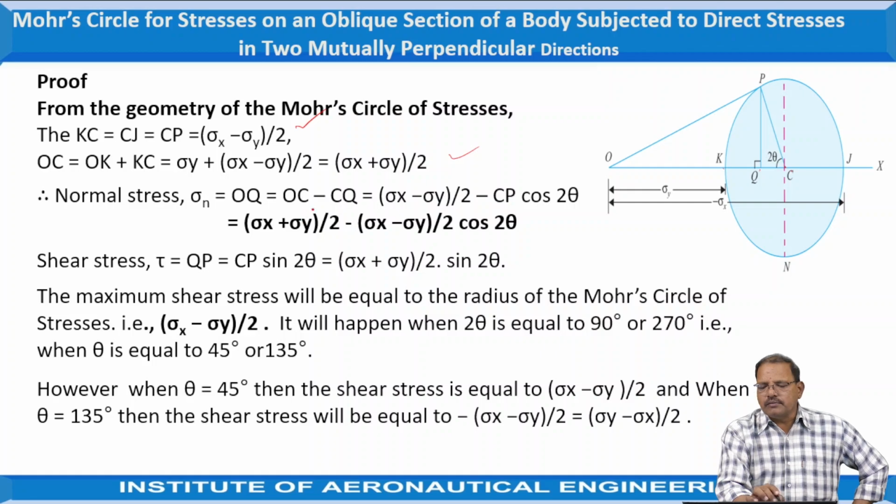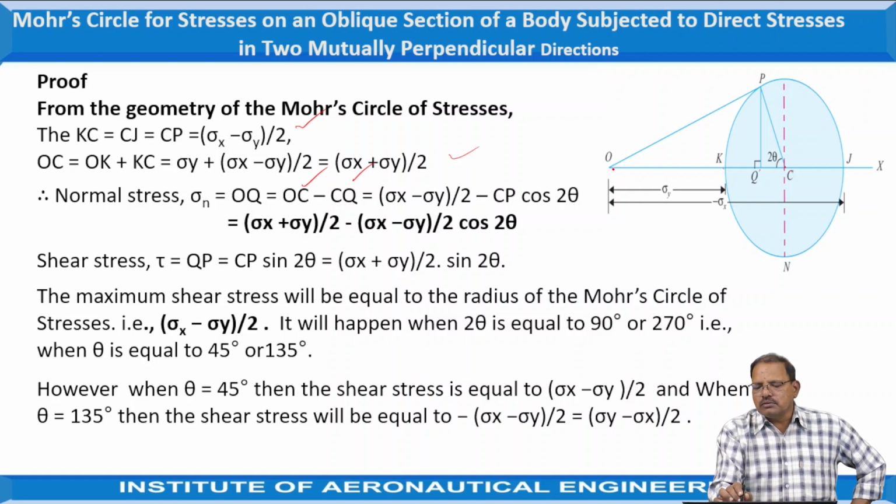It can be written as OC minus CQ. Here we require the OQ value, so OK minus QC. This is known as the normal stress.